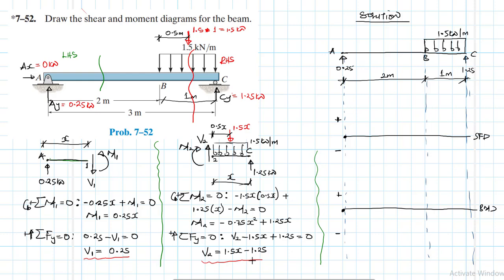You need to take note that V1 was determined for the interval AB moving from A to B, and V2, which is the function that governs the interval BC, but we are moving from C to B. That is very, very important.